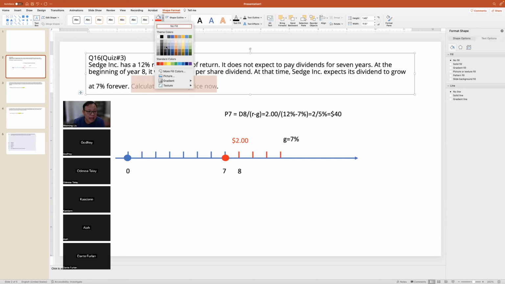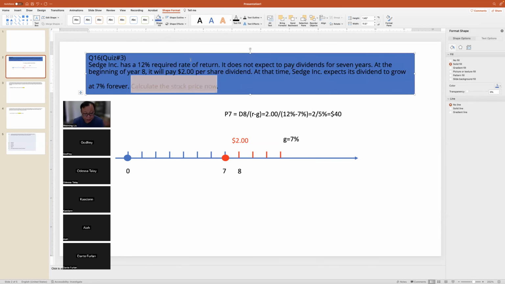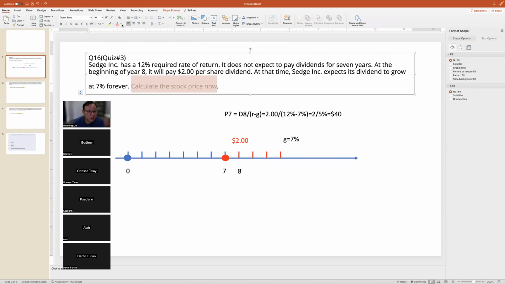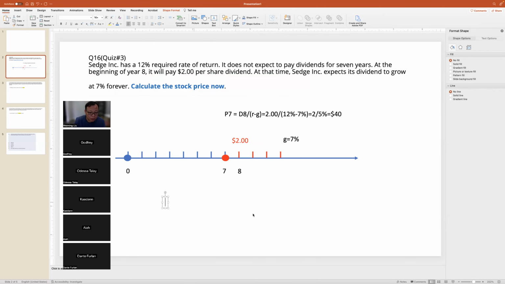If it asked for the price at the end of year 7, we know the answer is $40. But they are asking for now, so you have to use another formula, because this is a future value. I need to figure out the present value of the value at the end of year 7, which is relatively easier.